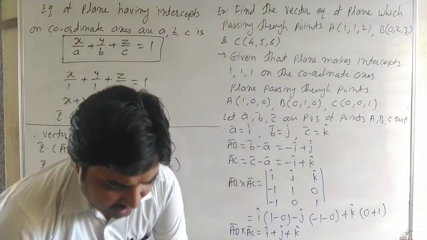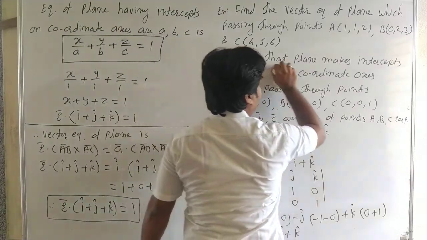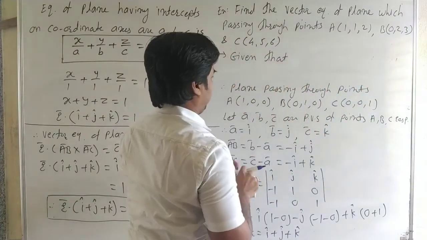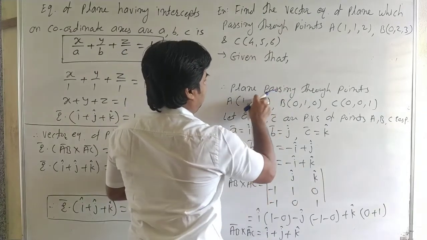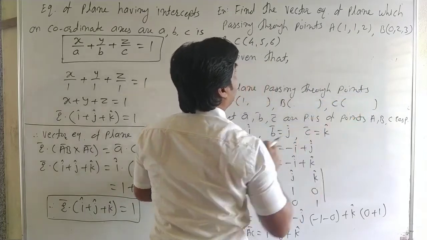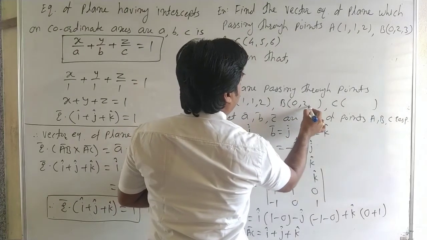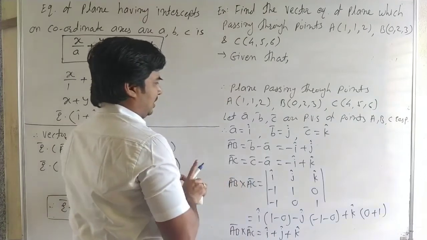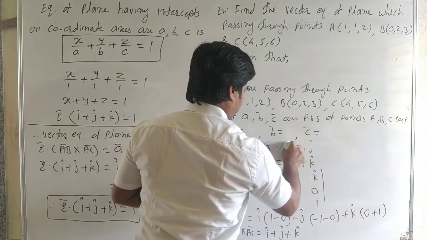Here see carefully, in this example the points are given. Given that the plane passes through points 1, 1, 2; 0, 2, 3 and C 4, 5, 6. Now we can write the position vectors of points A, B and C.